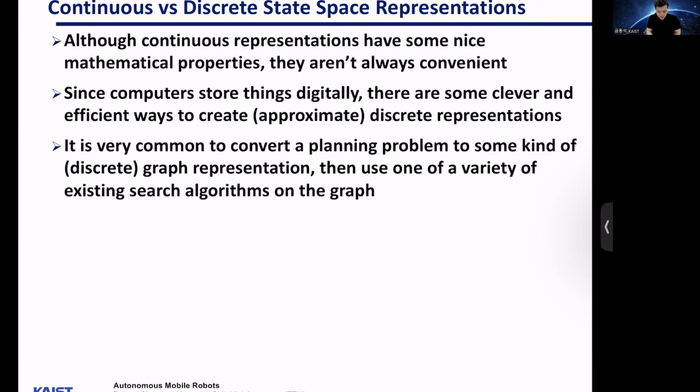When it comes to deploying and implementing these algorithms on a computer, we need to discretize things and solve numerically. So it is very common to convert a planning problem to some kind of discrete graph representation, then use one of the existing search algorithms to solve the optimization problem.